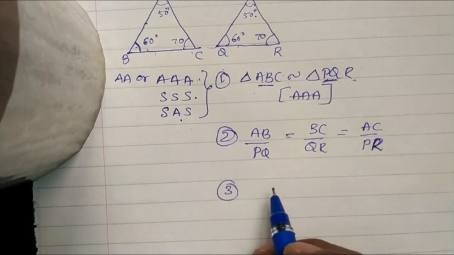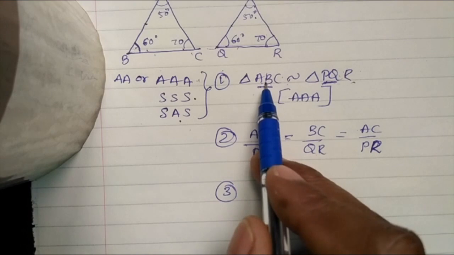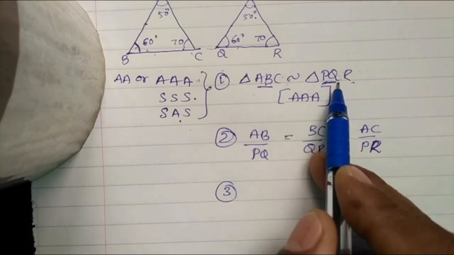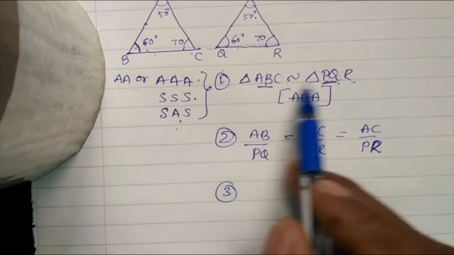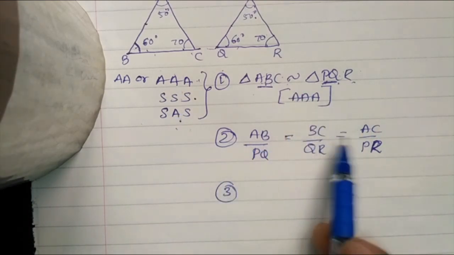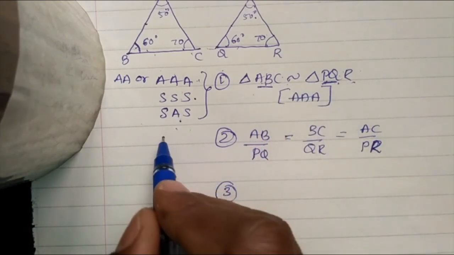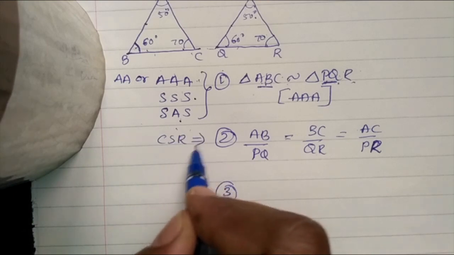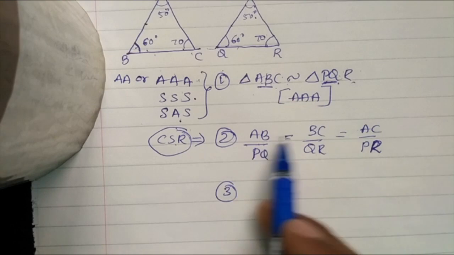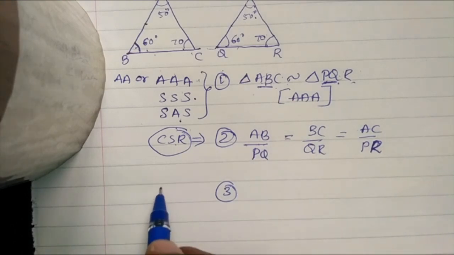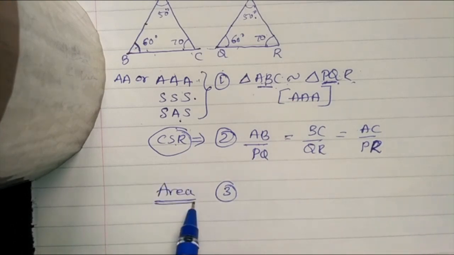Third, what is the third level of the similarity? These two triangles are proved similar by any one of the criteria taken. Next level, corresponding sides ratio. Once the triangles are similar, you can write the ratio of the sides. Next is area. What is the comparison of their areas?